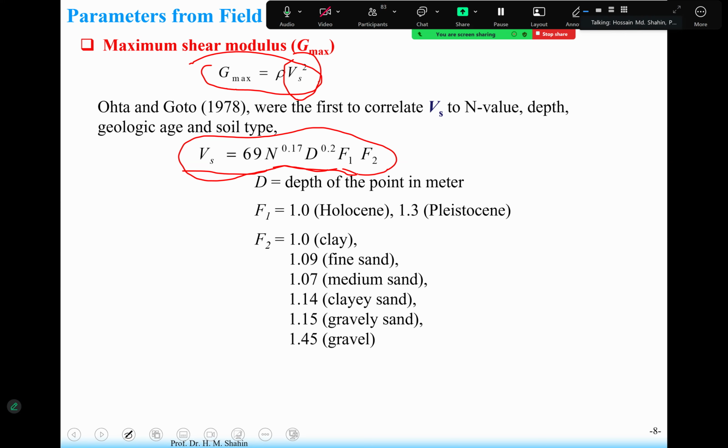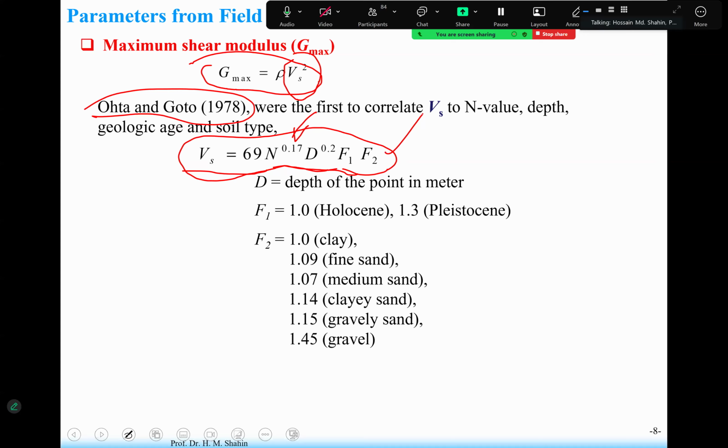We used the Japanese one, Ohta and Goto, proposed in 1978, and it's widely used all over the world. The new equation is not published, so it is not in the BNBC code. That's why we will use only this one.